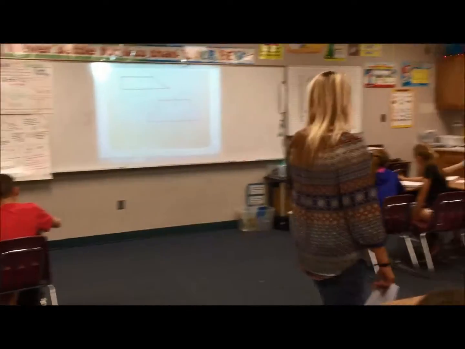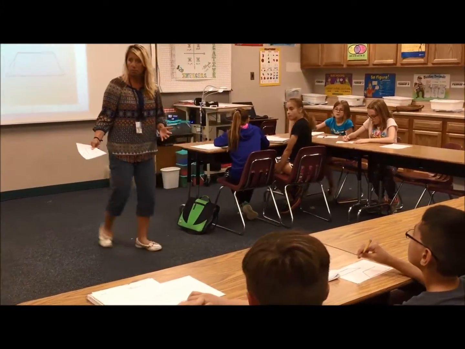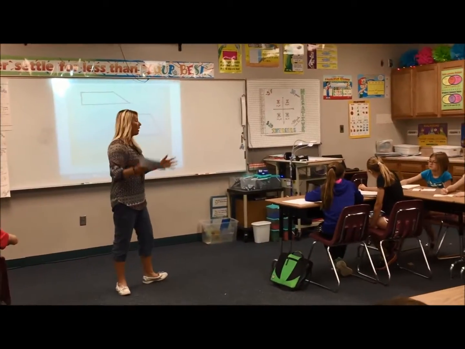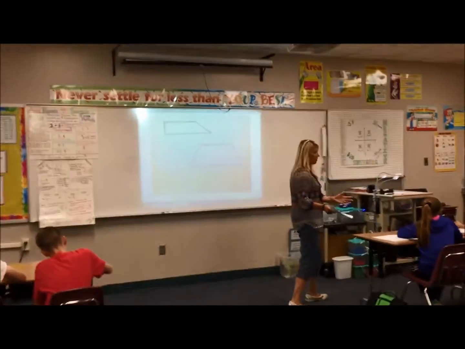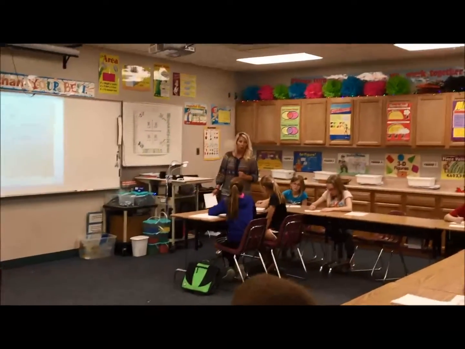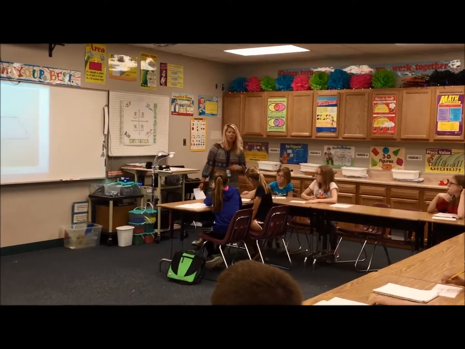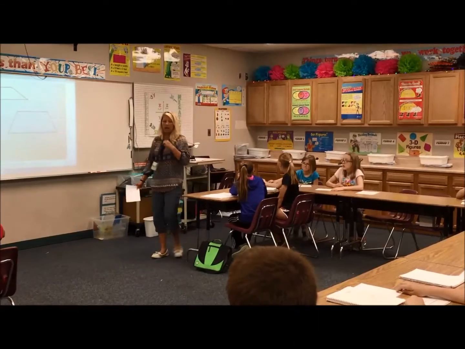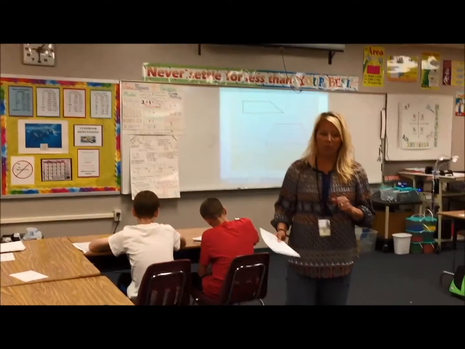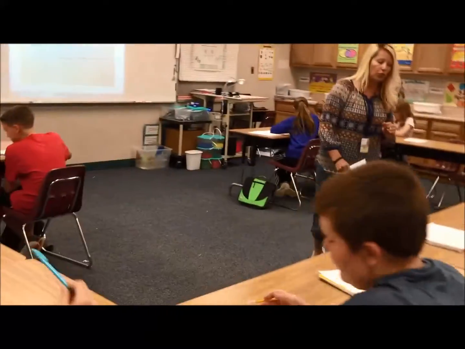Now remember, does a formula have to work for every quadrilateral? Yeah. It has to work for every trapezoid, I should have said. So you and your partner, I don't care if you need to cut something out or trace it, you do what you have to do to come up with this formula. Go. You and your neighbor.